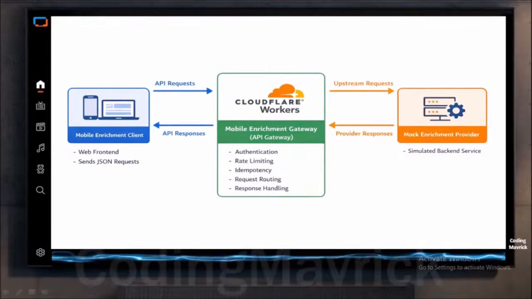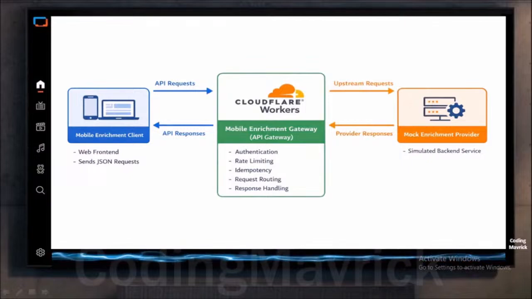But viewers, before we write a single line of code, it's important to clearly understand the architecture we are about to build. In this project, we'll develop 3 separate systems that work together to demonstrate a real-world API gateway pattern.